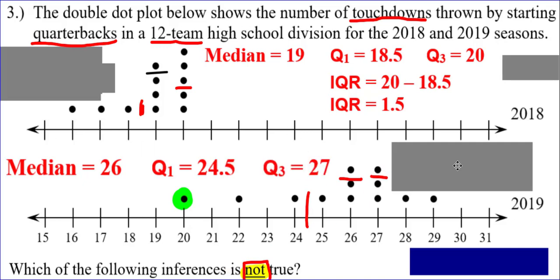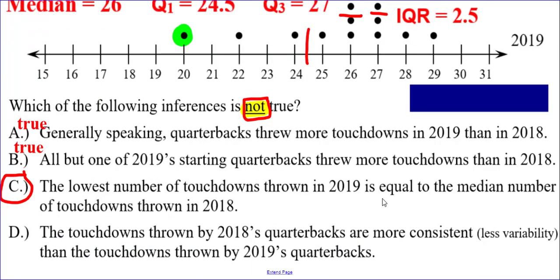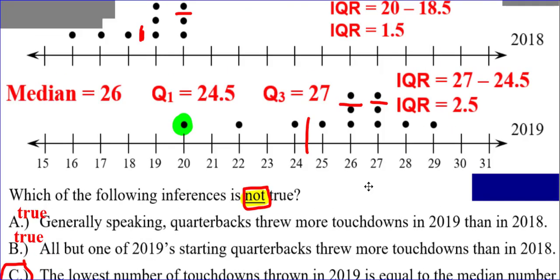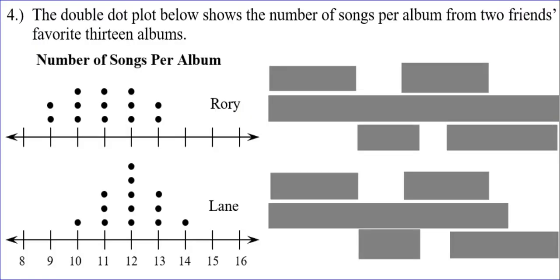So that's 27, and if I subtract, 2.5. So yeah, 2019 has a greater variability than 2018, which means 2018 has less variability. So yeah, choice D is true, which I already suspected just by looking at the dots. So there you go. We confirmed choice C is the only one of these 4 that is not true, so that's the answer to this problem.